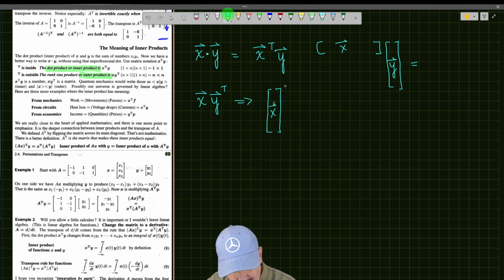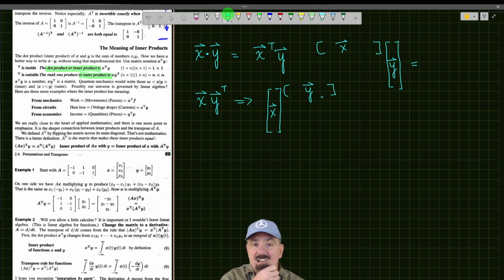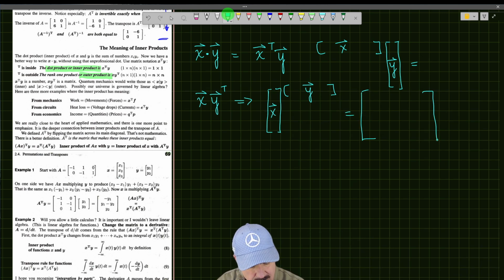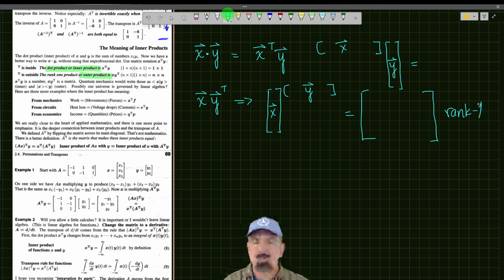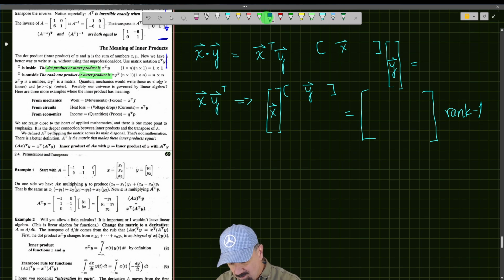I have my x vector, and then I have the vector y, and this is the y vector, and I've transposed it to make it into a row. And the result of this is a matrix, and it's a rank 1 matrix. So we've looked at these before. This is just an opportunity for you to look at some examples that he cited, as well as just refresh yourself a little bit on this idea.